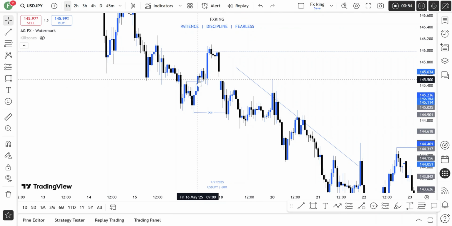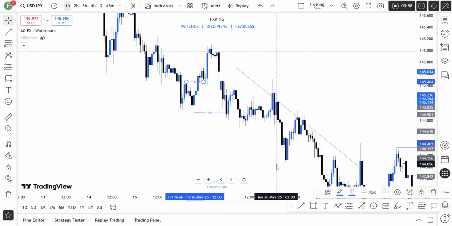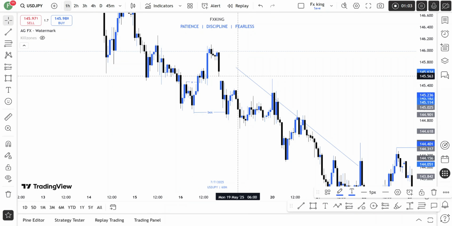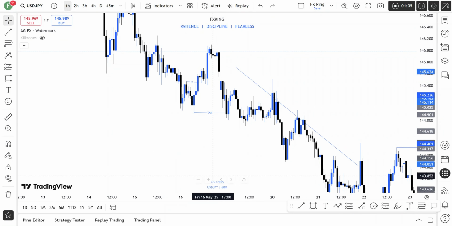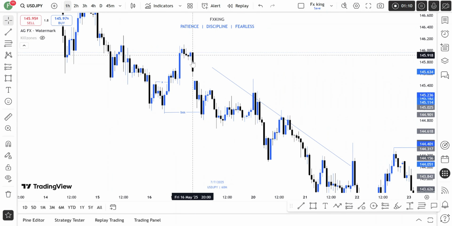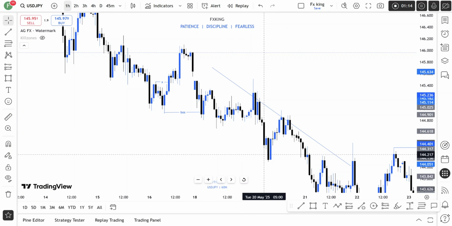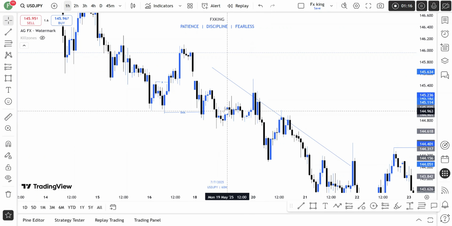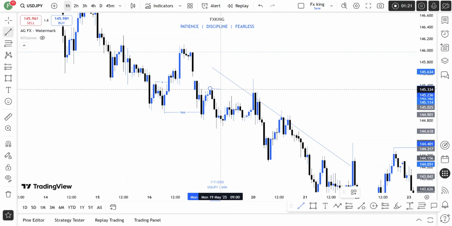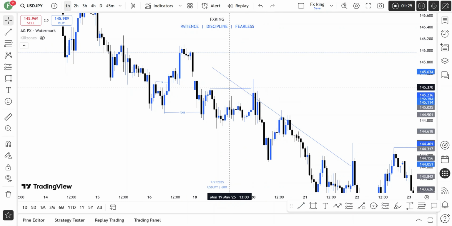This is a break of structure here, and that was our major inducement, right? For now, I will not be differentiating between these two, but I will be telling you which one is which. So after this major inducement, if you look at it from the next zone here, you see that we have no minor inducement in this case, right? So from here, if I look upward, I can see that the next major inducement is this one here. So once the market takes out my major inducement, I am good to sell.